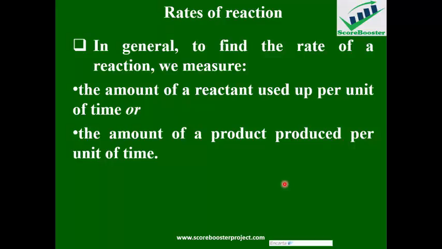So that is another evidence that the reaction has taken place. So the amount of reactant used up per unit time, as I've said earlier, depends on what you can measure. A measurable quantity, something you can observe, is what you use. Then the amount of product that is formed per unit time. So that is the idea of what is called the rate of chemical reaction.